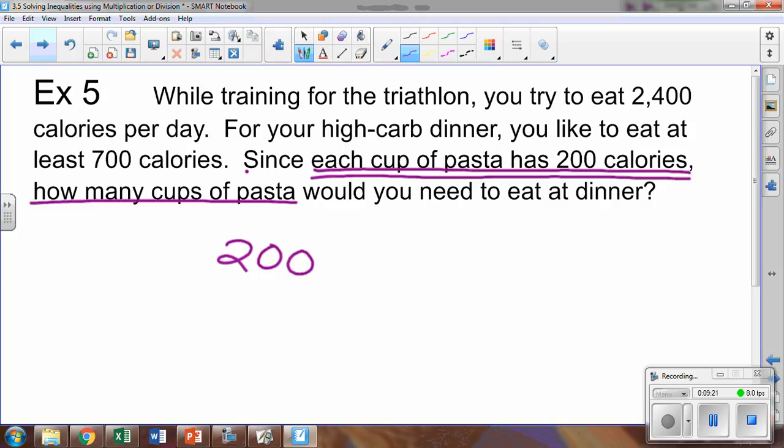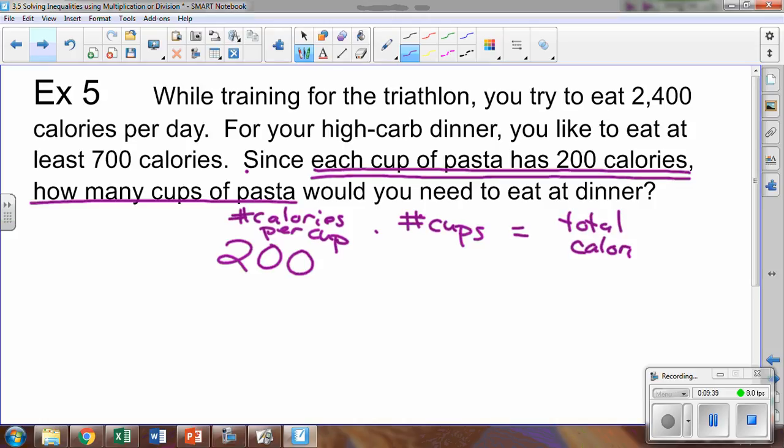We would recognize that the number of calories per cup multiplied by the number of cups is going to equal the total amount of calories you're consuming. This type of relationship we should recognize as taking 200 calories multiplied by the number of cups you eat, and that's going to equal the calories that you have at dinner.